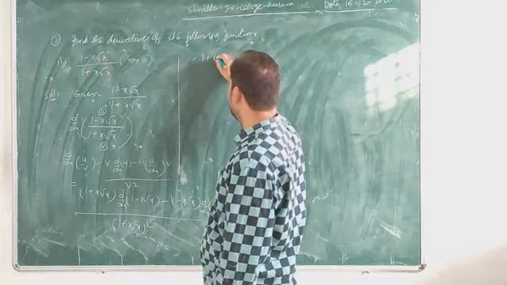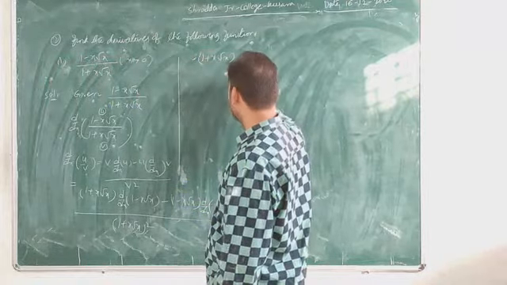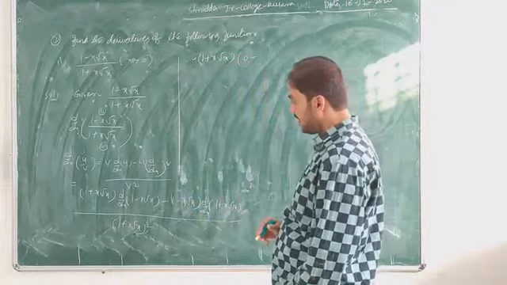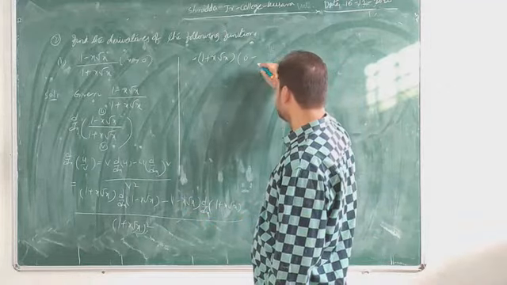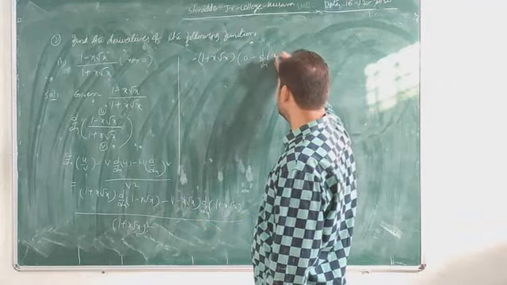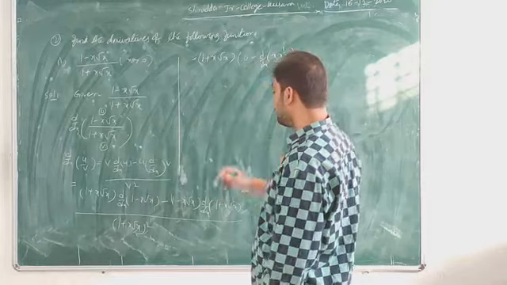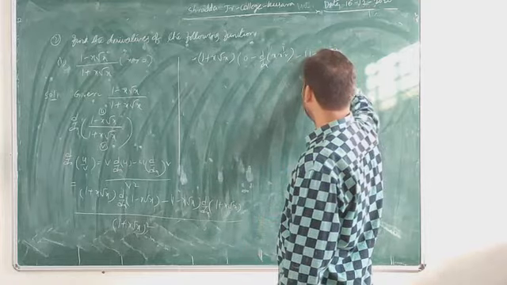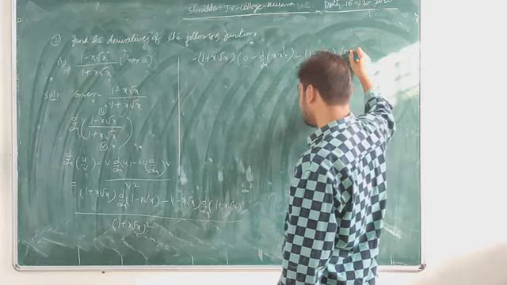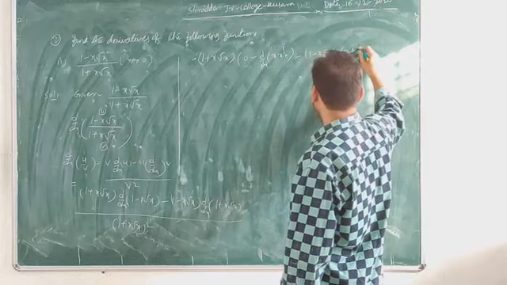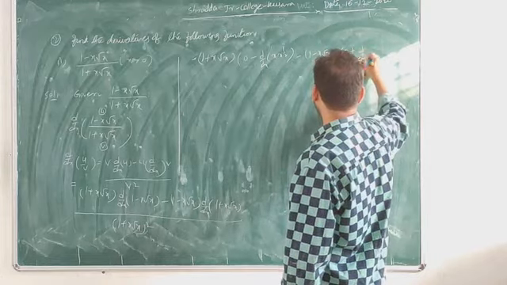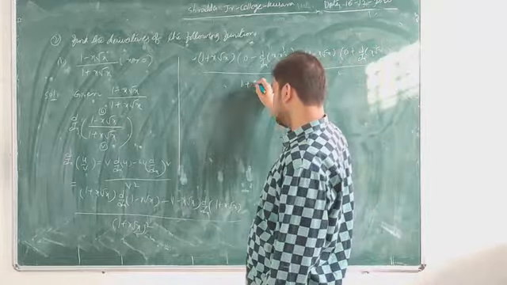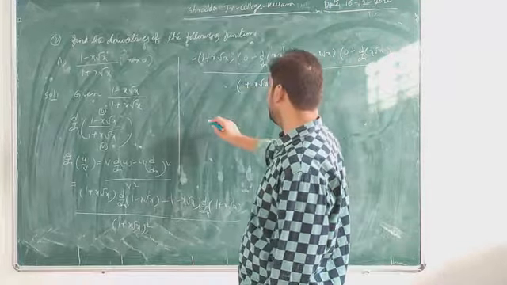Now here (1 plus x root x), now d/dx of 1 is 0 minus d/dx of x root x. x into root x, the power is 3 by 2, minus (1 minus x root x) into d/dx of 1 is constant 0, d/dx of x root x, by (1 plus x root x) whole square.